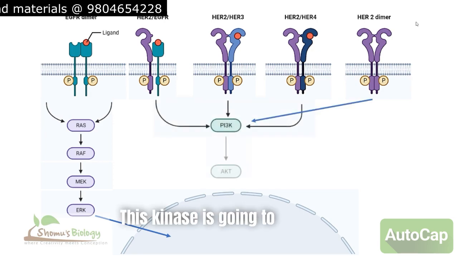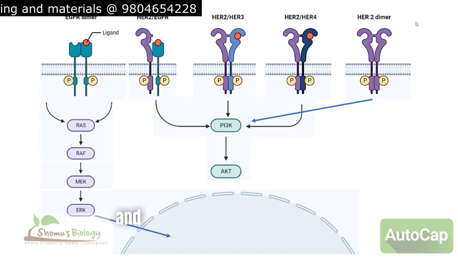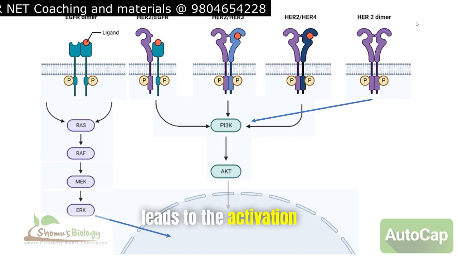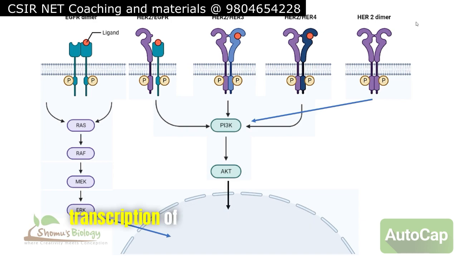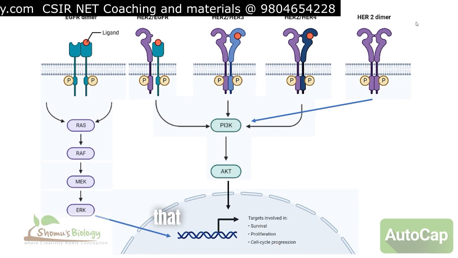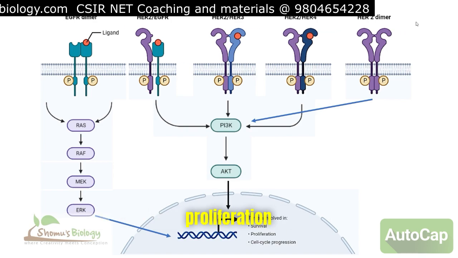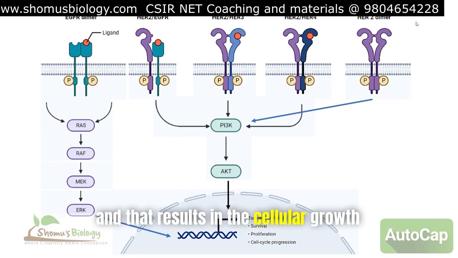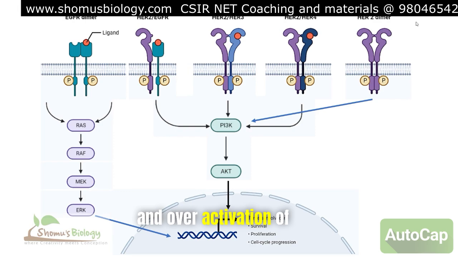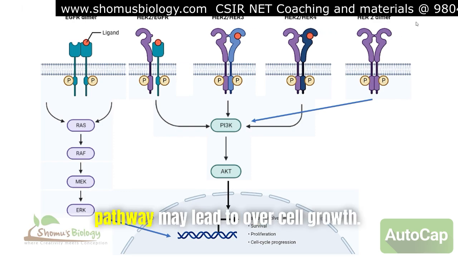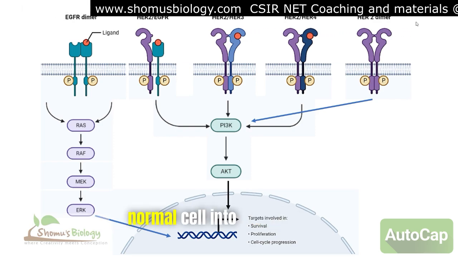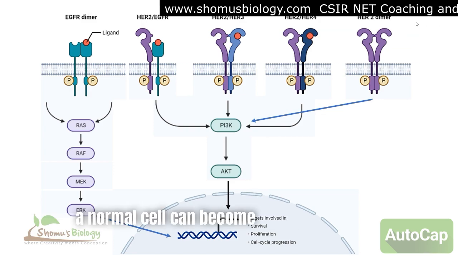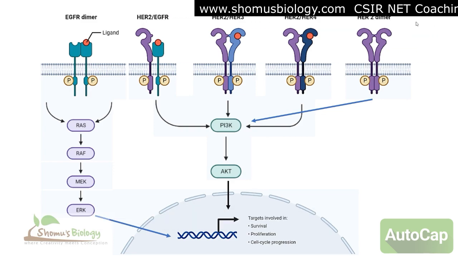This kinase is going to activate AKT, and this AKT will further activate mTOR and other proteins that lead to the activation of transcription of specific genes in the nucleus that involve survival, proliferation and cell cycle progression, and that results in cellular growth. And overactivation of this pathway may lead to over cell growth, and that can turn a normal cell into a tumor cell, and with gaining mutations a normal cell can become a cancerous cell.